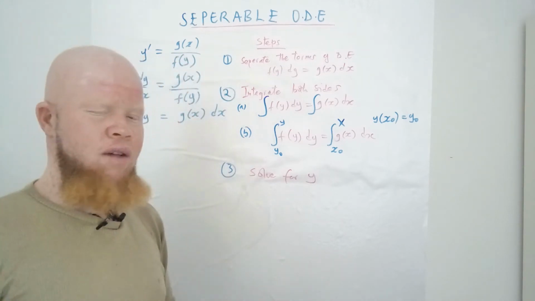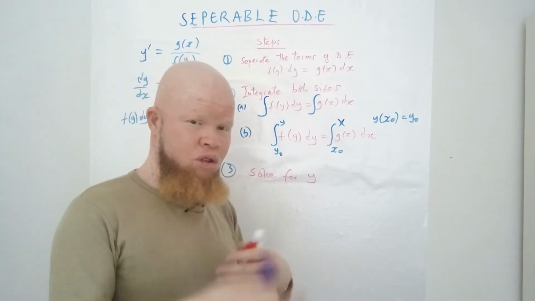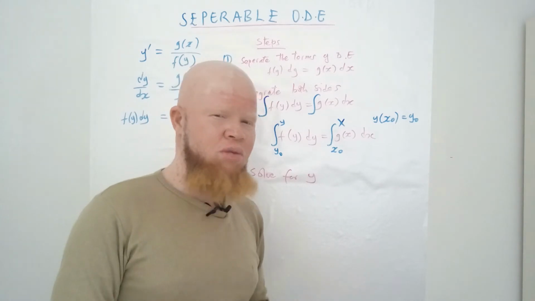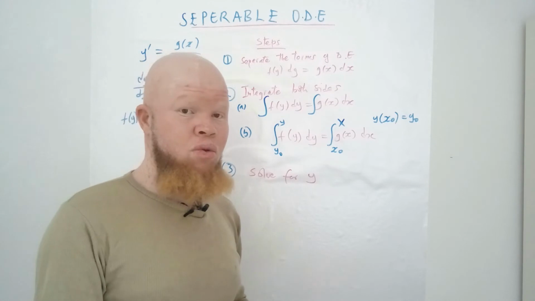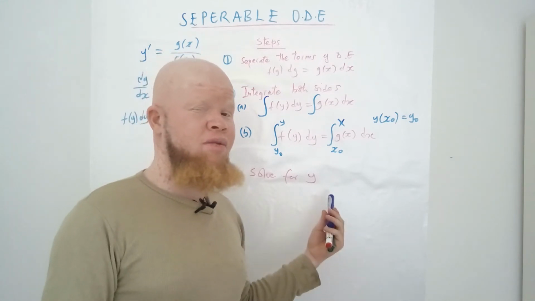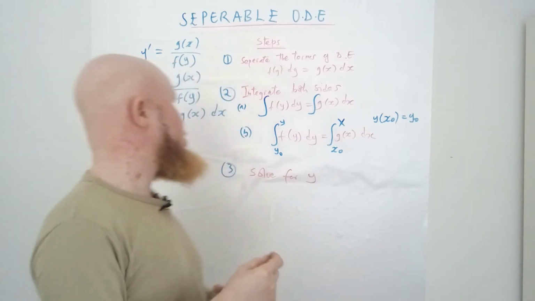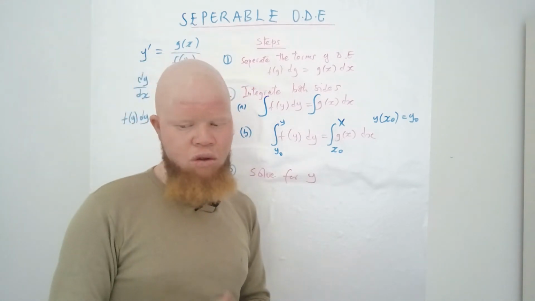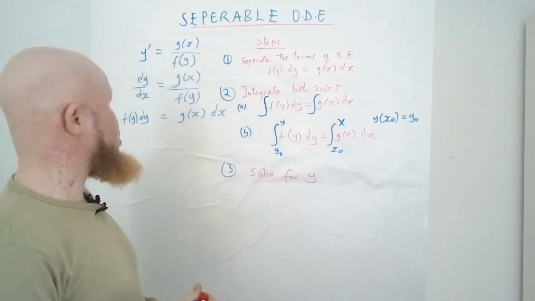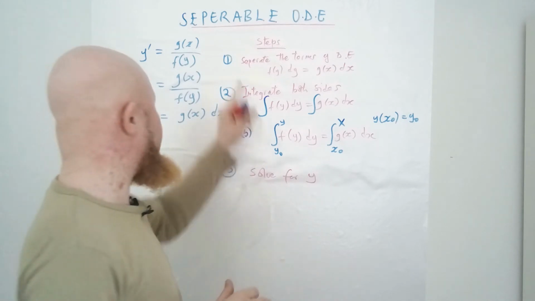It was supposed to be there, but you will understand what we mean by that as we get along, because there will be a lot of questions that require you to find the particular solution given the initial values. So let's look at an example of how we can apply these steps.